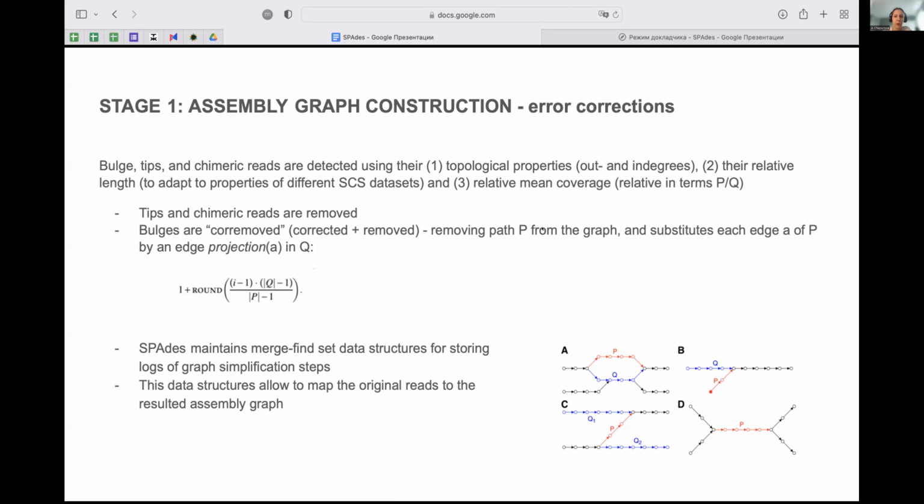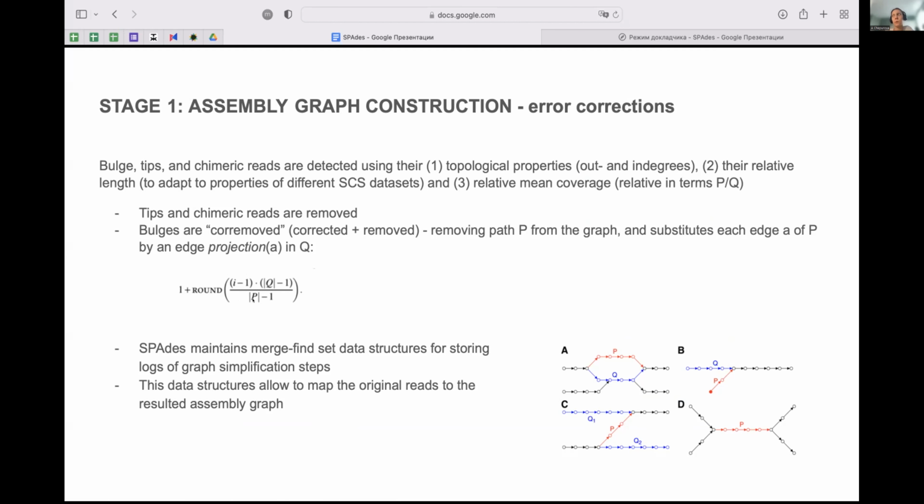So removing path P from the graph and substituting each edge of P by an edge projection in Q is the operation described by this formula. Basically, we calculate the relative position of the nucleotide that does not correspond to Q into the Q path, calculating the relative position of Q and P and its offset on P. Also, SPAdes maintains a merge-find set data structure for storing logs of graph simplification steps.